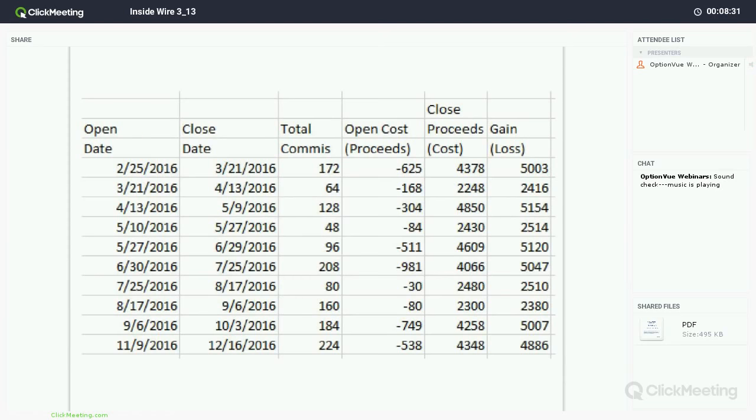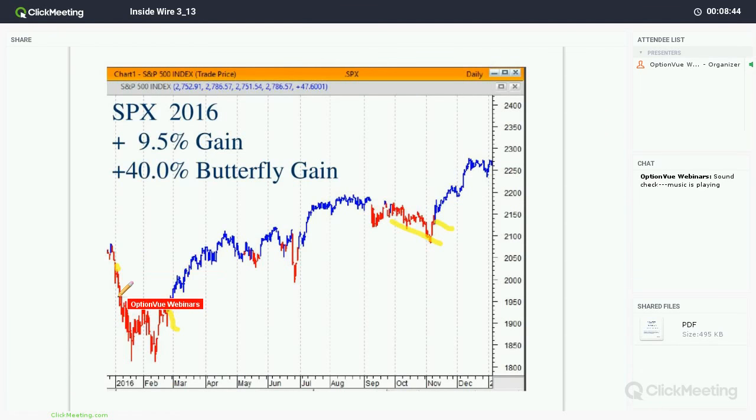So here are the beginning dates of the campaigns, beginning on the 25th of February. And you can see here, going back to that chart, that we avoided some very volatile periods by doing it this way and staying out.